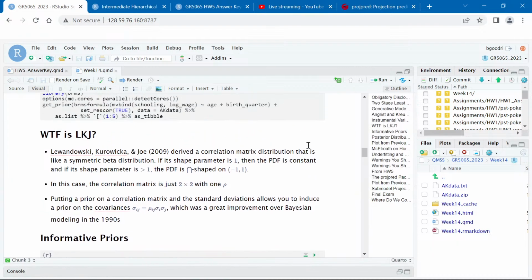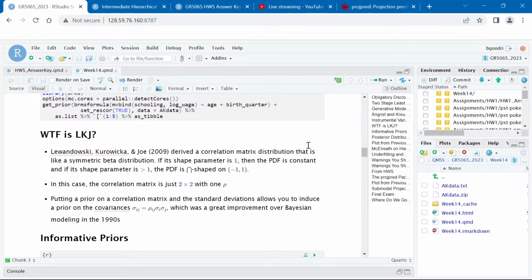So people in airports and whatever come up to me and think I invented the LKJ prior. Not true at all. Okay? Lewandowski, Kurowicka, and Joe wrote a paper, it's not even Bayesian, that derived a probability distribution for correlation matrices that is rather simple to use, has one shape parameter, and functions a lot like a symmetric beta distribution over -1 to 1.